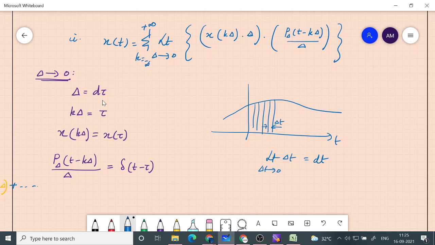Then we add all the areas of each slice, and that will give you the integral. That is how the integral of f of t dt comes. It is basically, in the limit delta t goes to 0, f of k delta t into delta t. Probably you might have studied this in calculus.